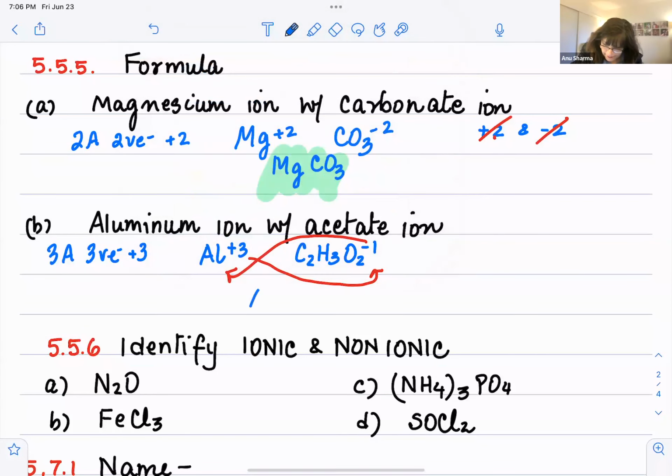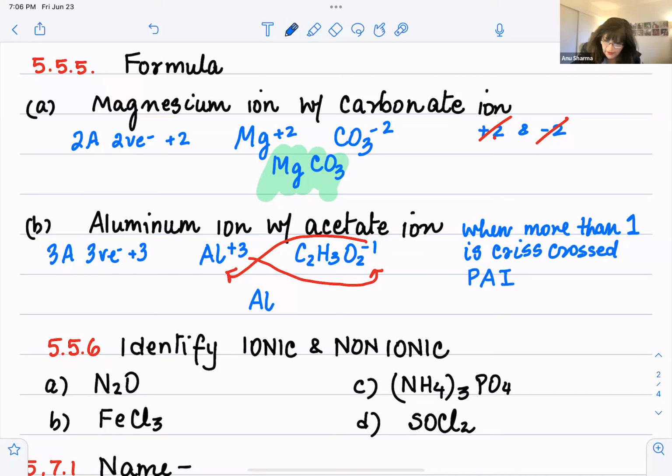Al. So every time more than one charge is crisscrossed or carried over, then the polyatomic ion is put in the parentheses.